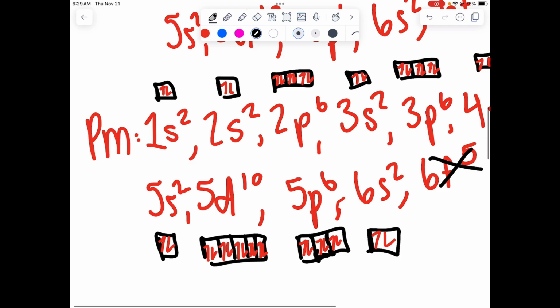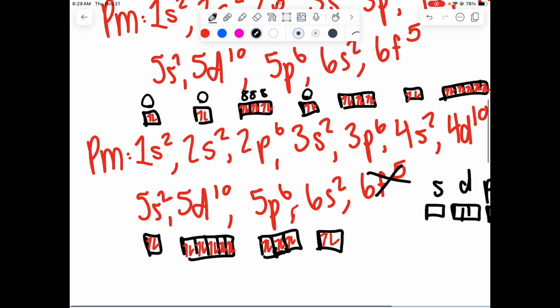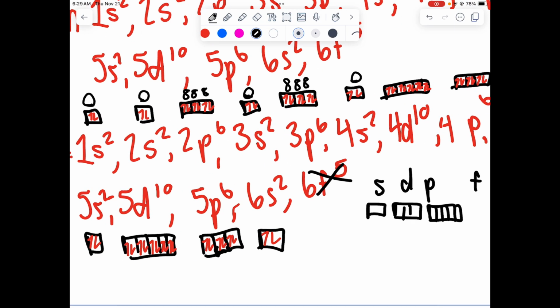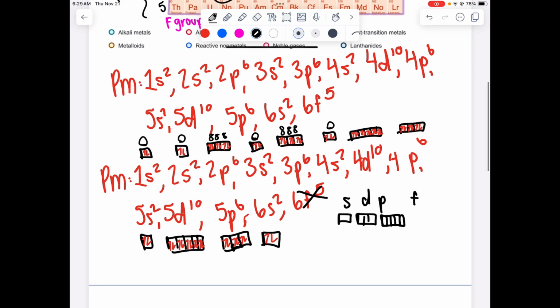Circle, circle, dumbbell, dumbbell, dumbbell. Circle, dumbbell, dumbbell, dumbbell. Circle. And then dumbbell, dumbbell, dumbbell, dumbbell. How much is there? 5. Dumbbell, dumbbell, dumbbell. Circle. This is a circle too. Dumbbell, dumbbell, dumbbell, dumbbell, dumbbell.